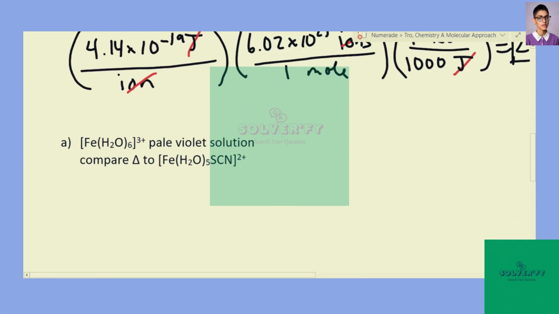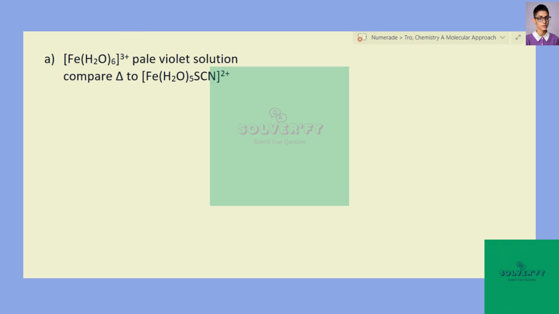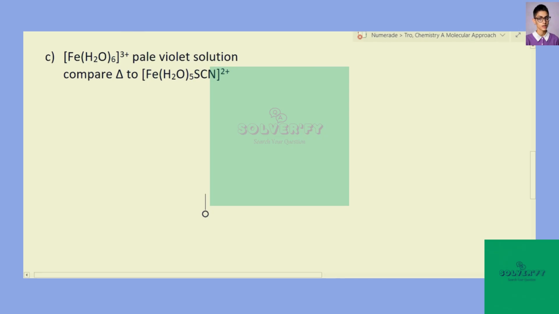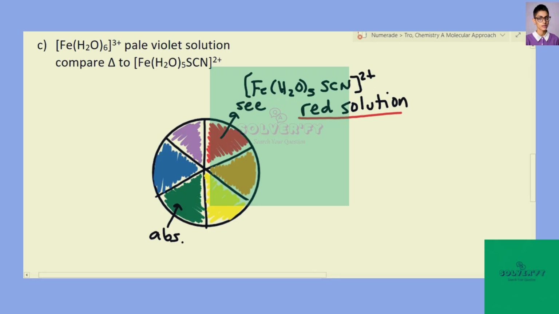Next, in part C, we're told that the hexaaqua iron complex is a pale violet solution, and we want to compare its crystal field splitting energy to that of the thiocyanate complex. To do that, let's go back and look at our color wheel from part A. Recall that the thiocyanate complex was red, and that meant that the green light was absorbed.